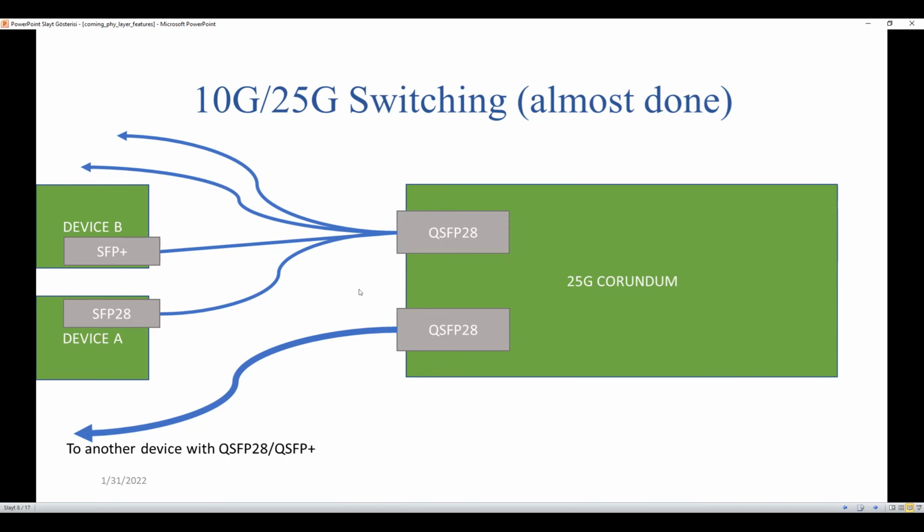I don't have so many resources to be able to test with two FPGAs, but I connected these two interfaces, and it was working in that case. So when I change to 25G, it goes to 25. When I change to 10G, it goes to 10.